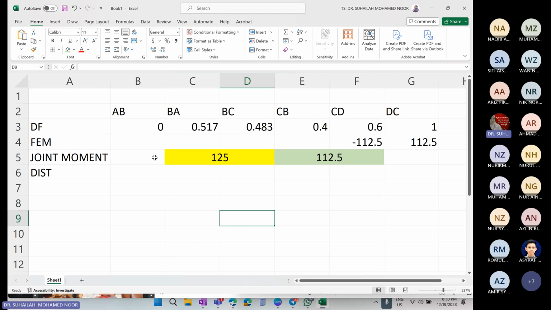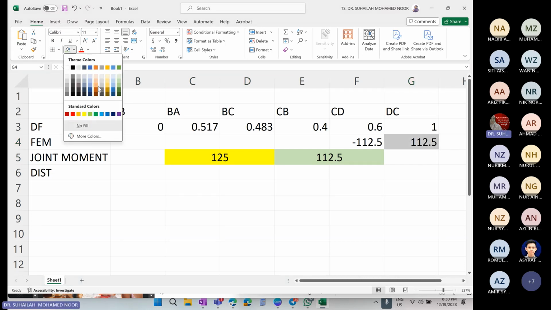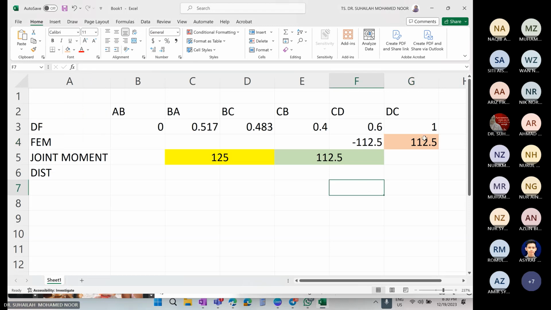Another one, this. What should we do for this? Because the distribution factor is 1, at distribution we will distribute it. So FEM is 112.5, opposite with that is negative. Joint moment is negative 112.5.